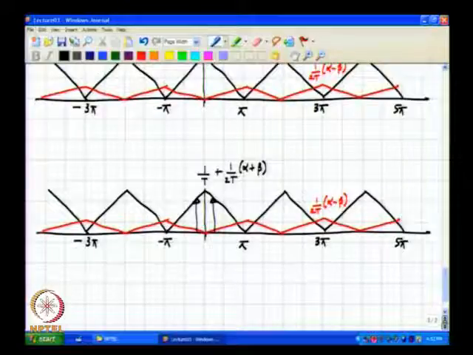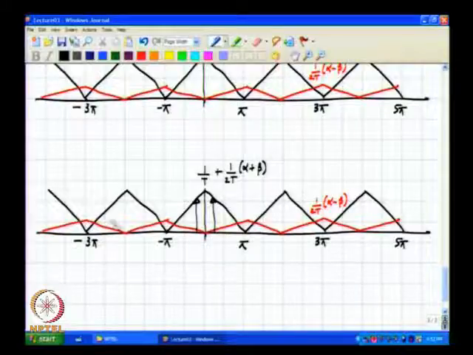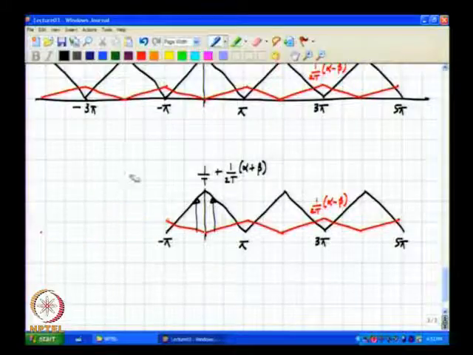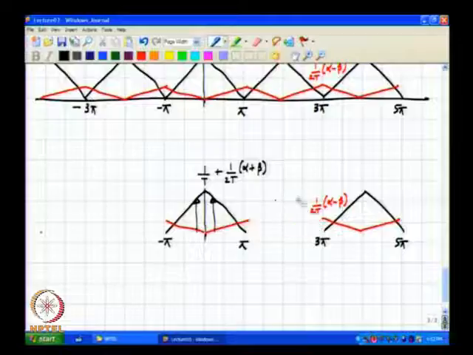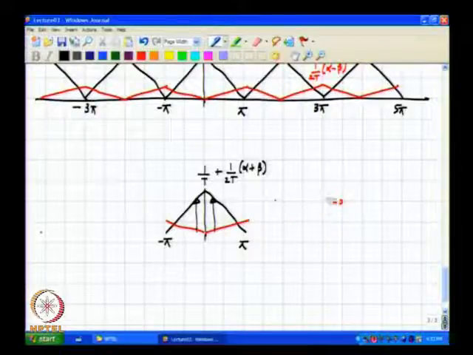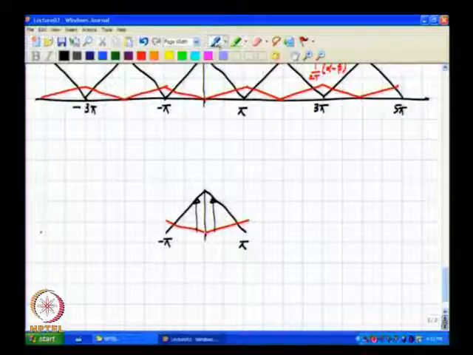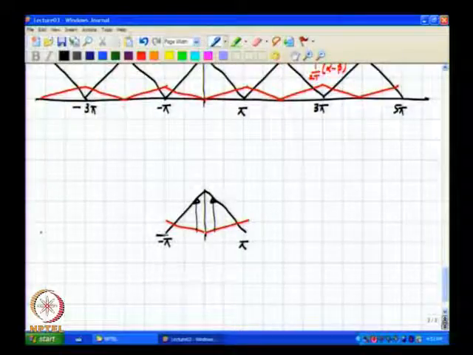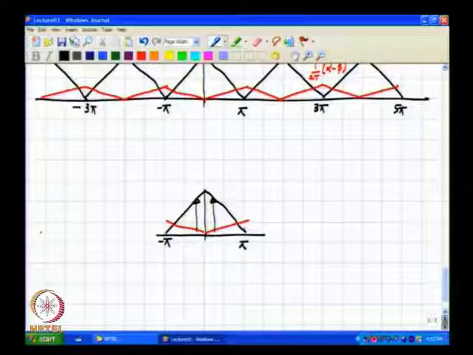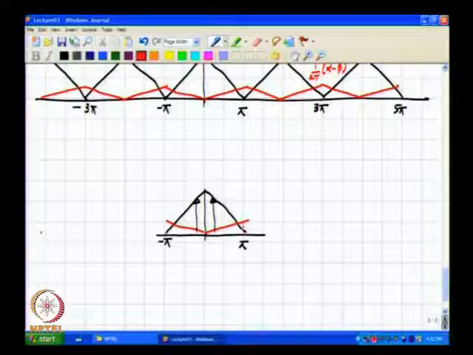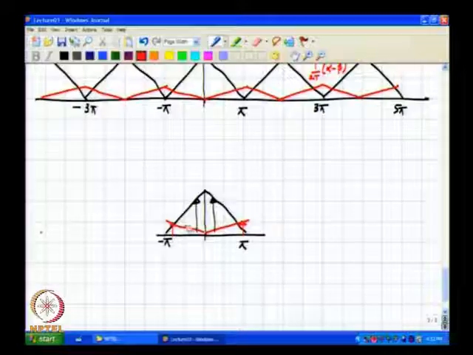I don't really need to draw the periodic extension, because I know it's periodic between minus pi and pi. I'm going to get rid of the scaling factor also, just to make the diagram a little clearer. And what other tones would be present? Yeah, so there would be something here and something there.